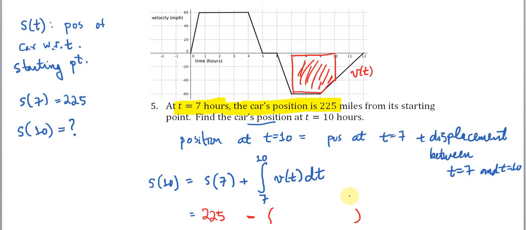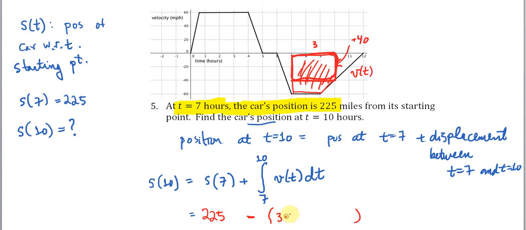Now let's look at this area. It's a combination of a trapezoid and a rectangle, and there's a couple ways we can do this. We can look at this block right here. This is an area of 3, and this right here looks like 40, but the final answer is going to be a negative.